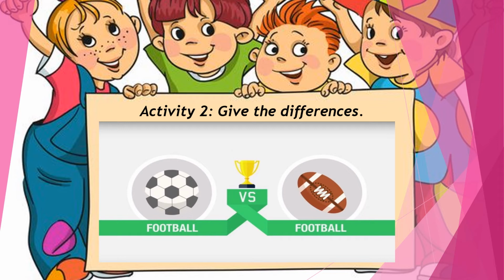We're talking about the difference. What are the differences? The football here on the left side is round, but the football here on the right side is oblong. They differ in their shape, round and oblong.